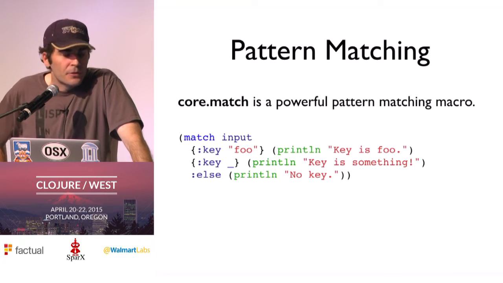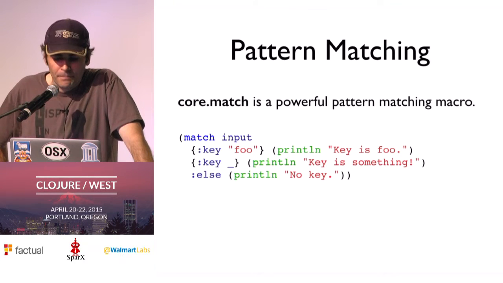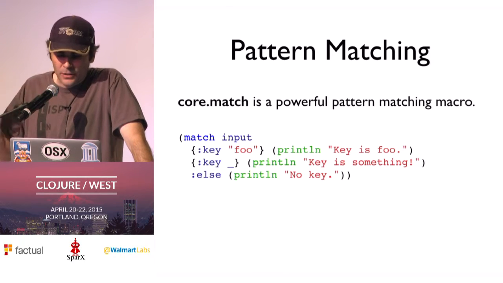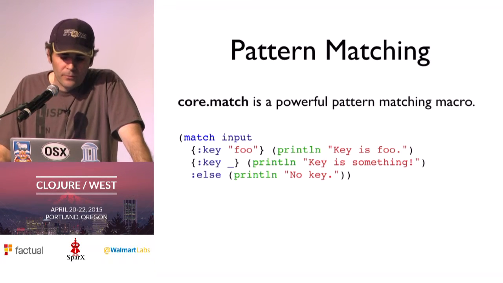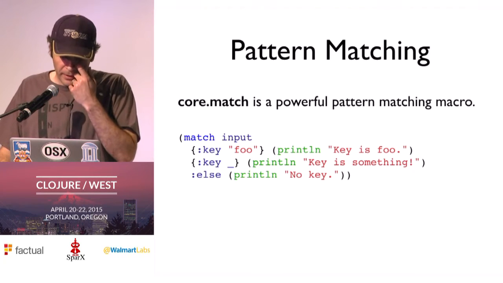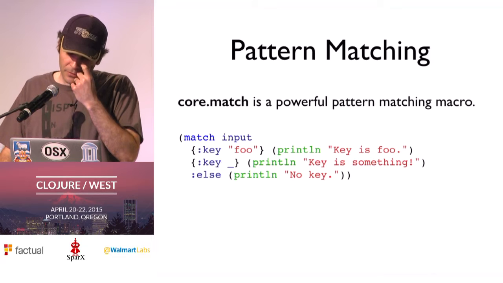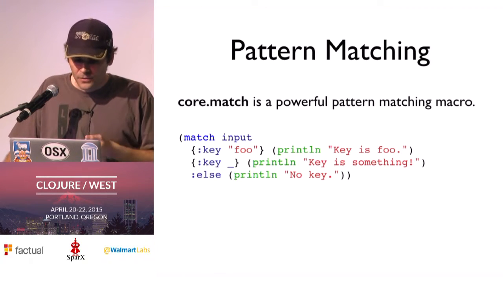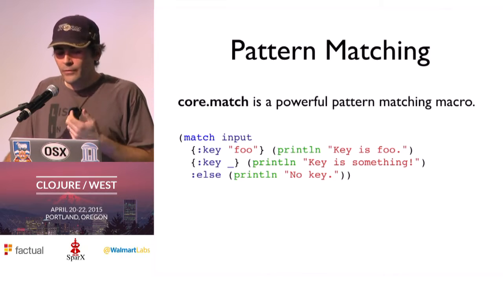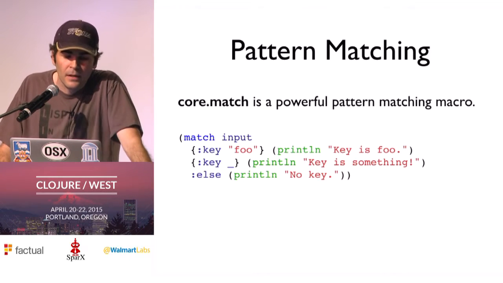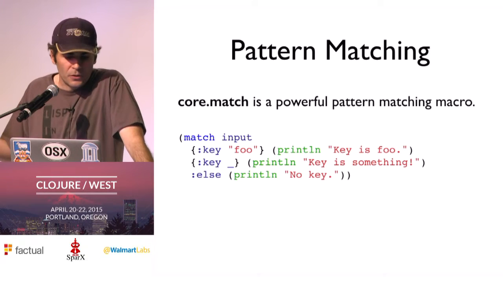So what does it look like? Here's a toy example, one of the last of the toys. Just so you can get the feel of it, we're matching on an input. It's clear here we think the input's probably an associative structure, a map of some kind. And we're saying if there's a key in this associative data structure, the keyword key, and its value is foo, then we want a certain expression.